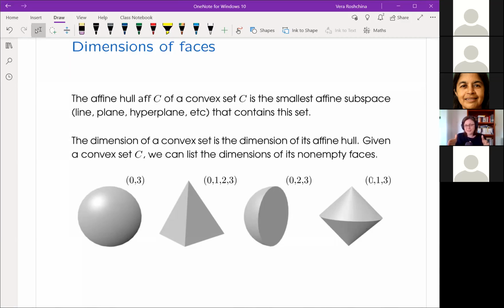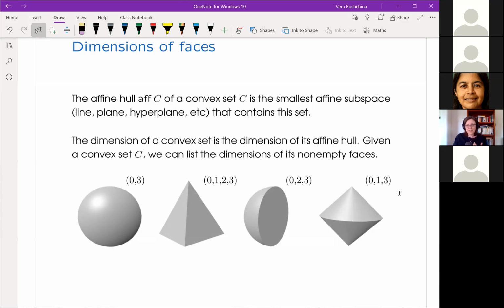For the tetrahedron, we have faces in all dimensions: vertices, 0-dimensional, sorry, edges that are 1-dimensional, 2-dimensional facets, and then the tetrahedron itself. There's half of a sphere, again 0, 2, and 3. There are no 1-dimensional faces. And this funny object doesn't have 2-dimensional faces, but has faces in all other dimensions.